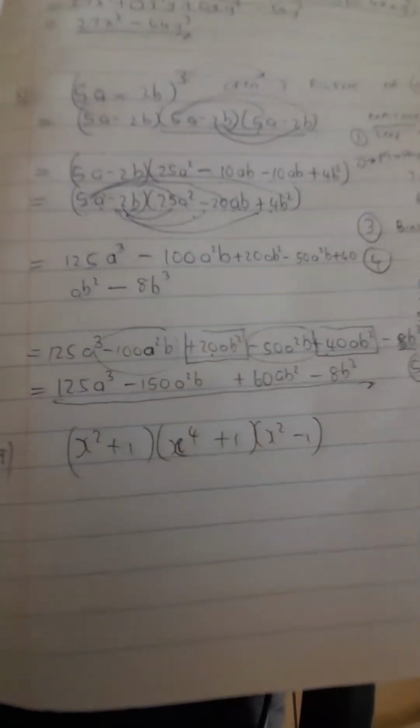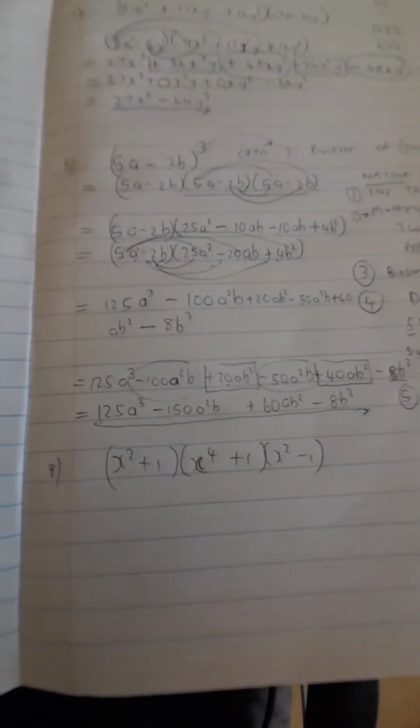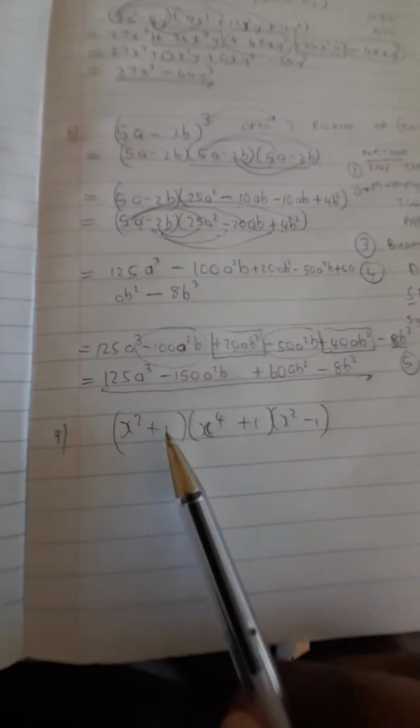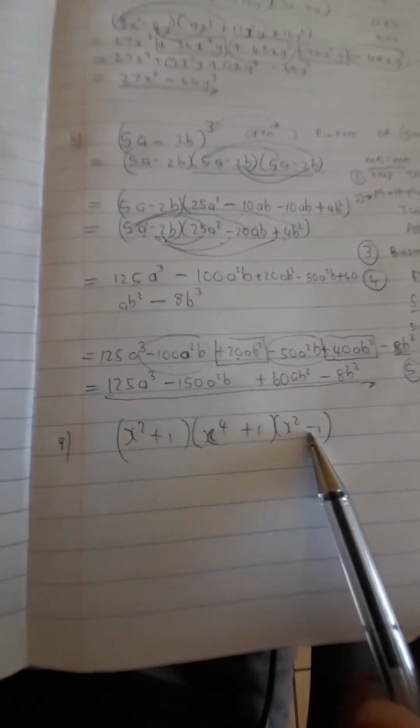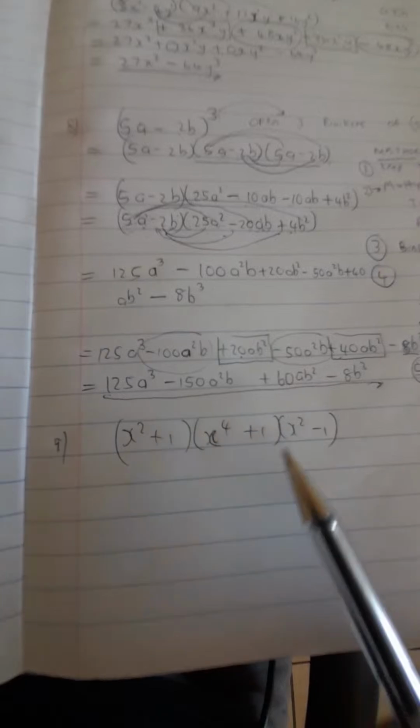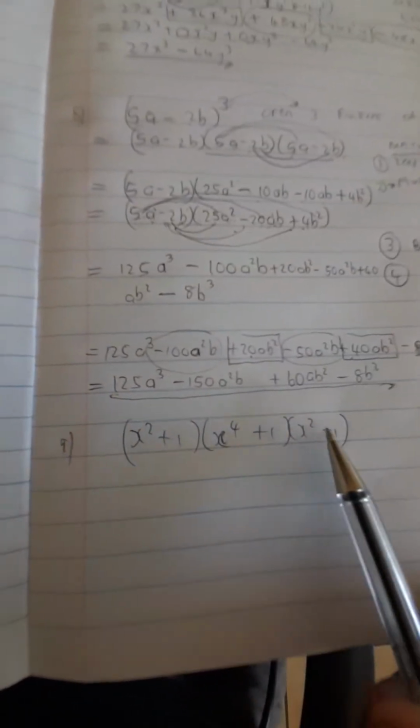Now, some people will see that maybe there's another easier way of doing it. They will see that x squared plus 1 and x squared minus 1 are two brackets with a positive 1 and a negative 1.